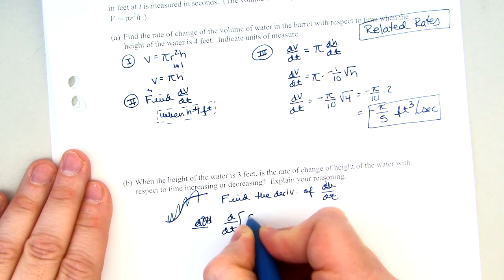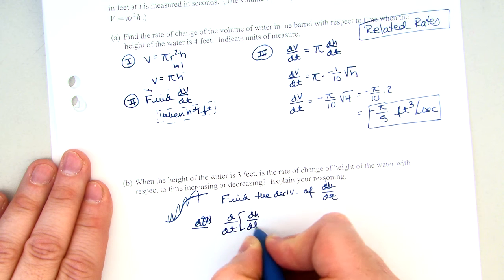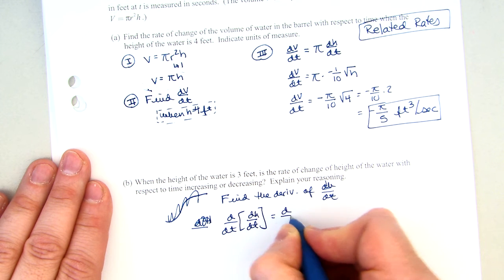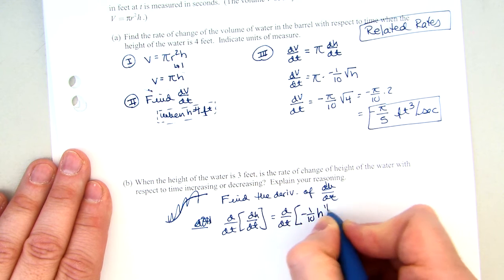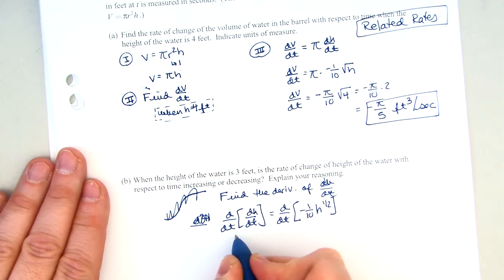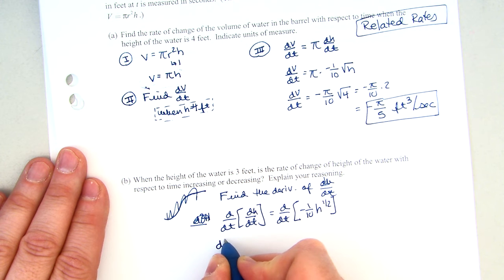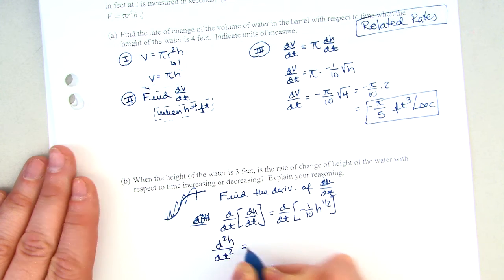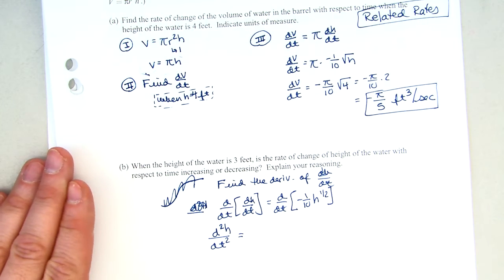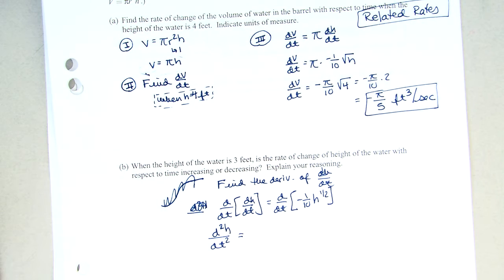I'm finding the derivative of dh/dt, and I'm finding the derivative of the other side. What's the derivative of dh/dt? It's d squared h over dt squared. As for the right side, do your derivative. Of course, square root of h is h to the 1/2.